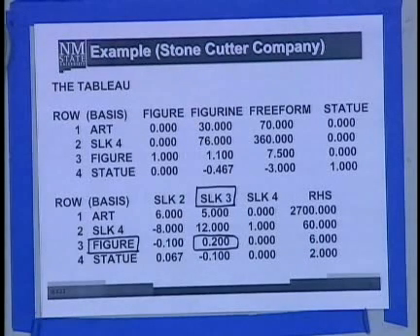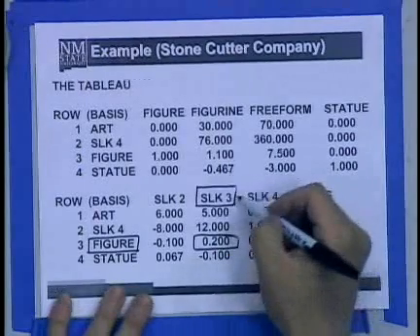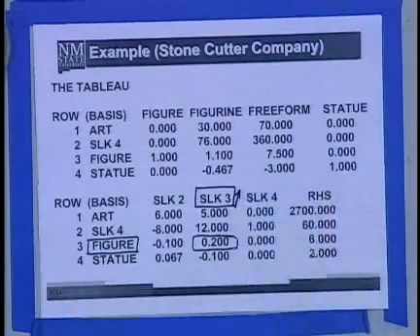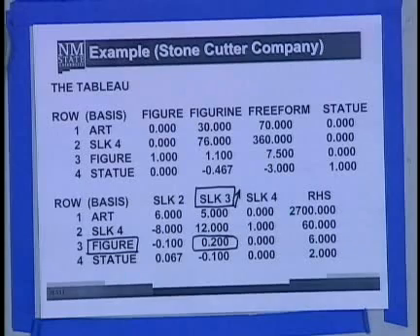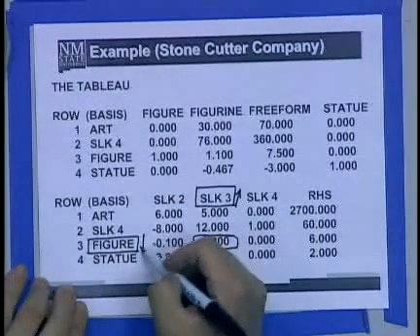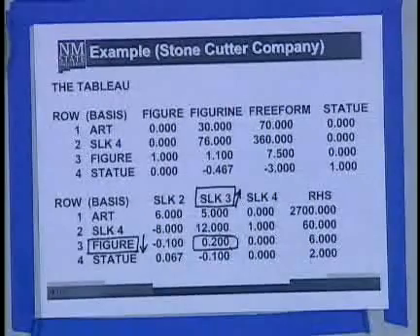So how would you conclude? As slack 3 increases 1, the basic variable figure decreases 0.2, right?